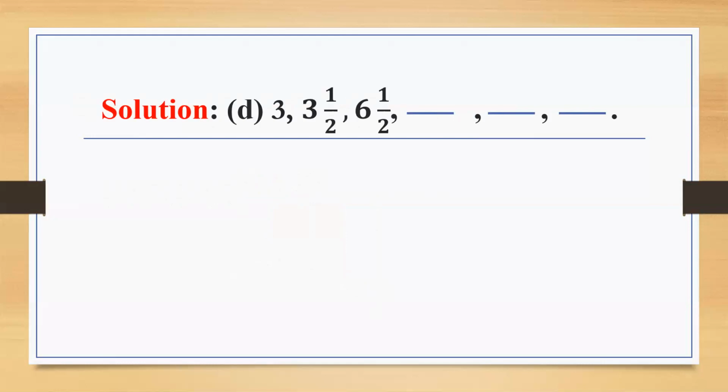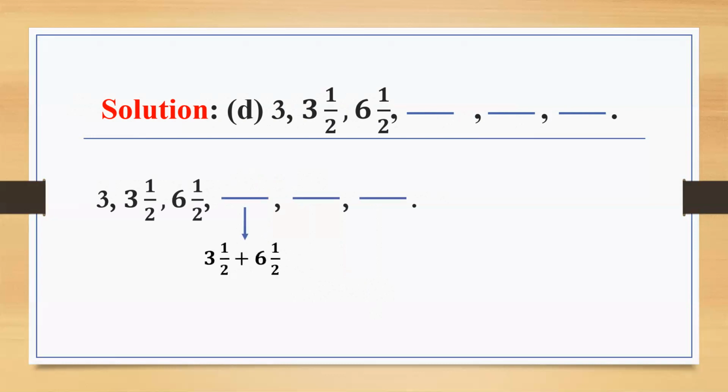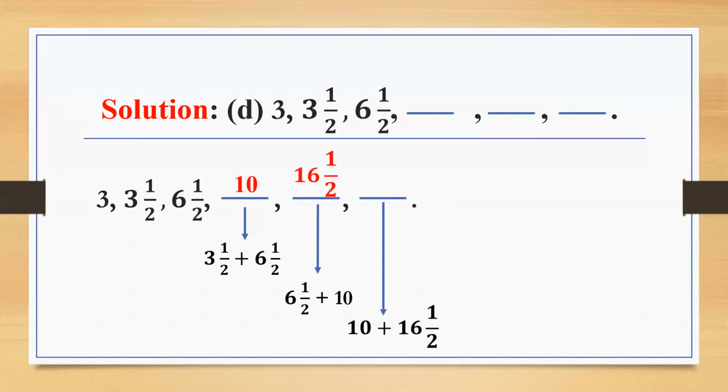For D, I have 3, 3.5, 6.5. So again, I will have to add the two previous terms, which will be 3.5 plus 6.5, which is equal to 10. Then 6.5 plus 10, which is equal to 16.5. And finally, 10 plus 16.5, which is equal to 26.5.